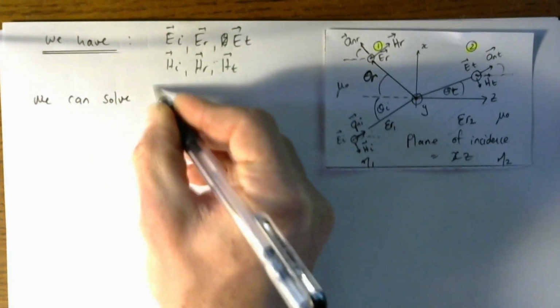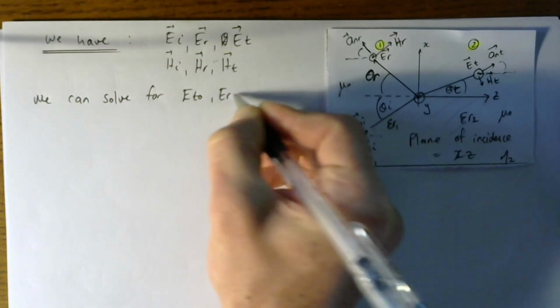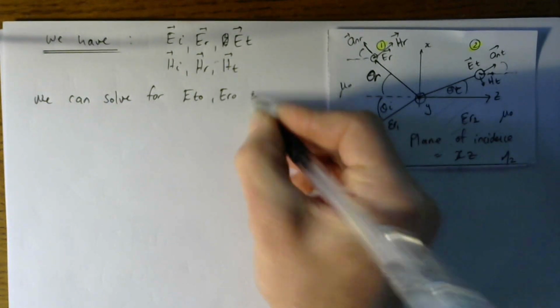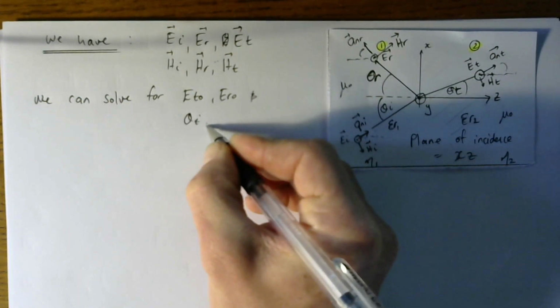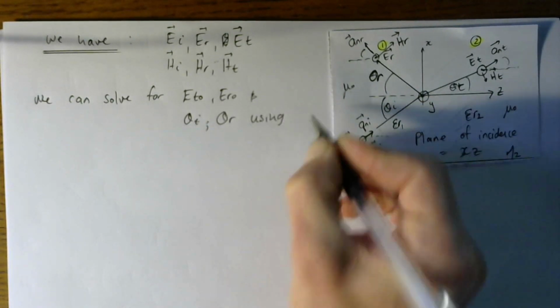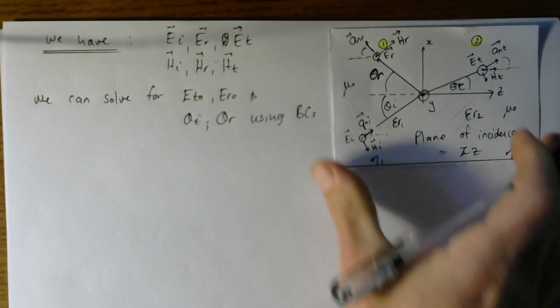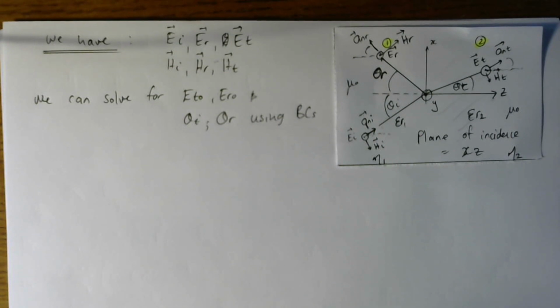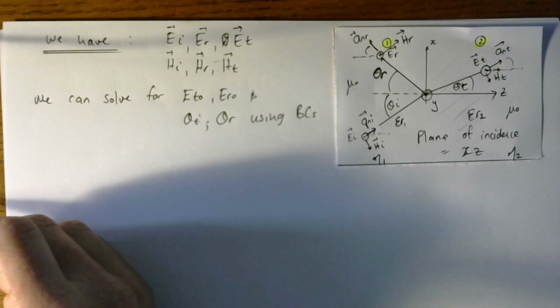We can solve for, remember, E_T0 and E_R0, these are the coefficients, and likewise theta t and theta r, and we do this using what we call boundary conditions. There are essentially two that we can use in this case. The first of which is related to the tangential electric field.